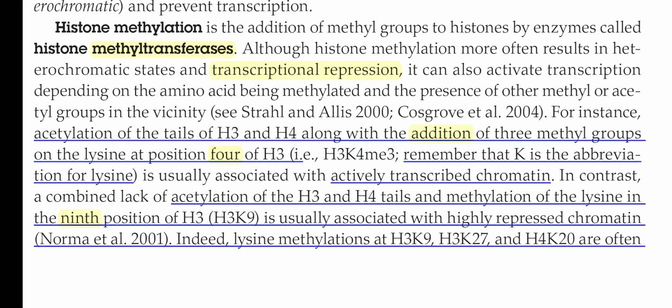Next, histone methylation. Methyl is a +I group compound, which means it provides electrons. When it binds with the histone molecule, which is also positively charged, being basic, they make the negatively charged DNA coil more tightly, and that causes repression.